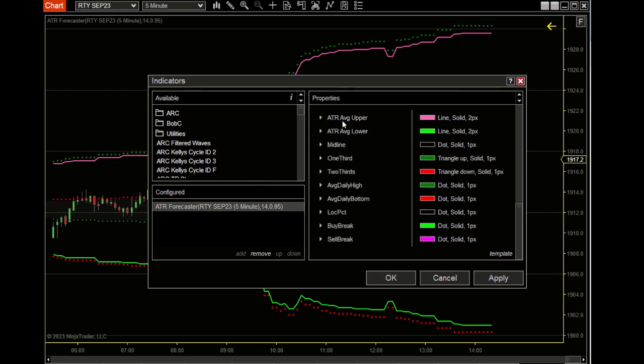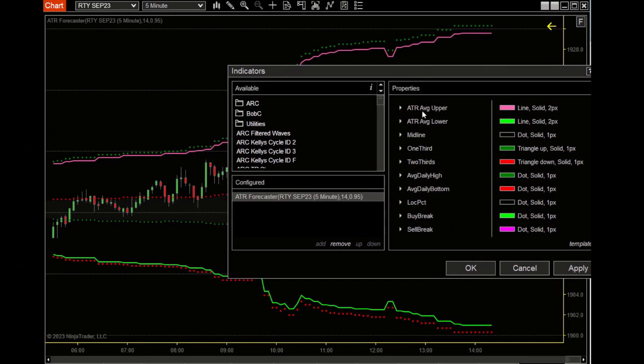The ATR average upper, you can see it's either a solid magenta line or a solid lime colored line, and that's what these lines are. Solid magenta or pink, it might be pink, and then solid lime. The midline, if you want to turn that on, that's in the middle here.